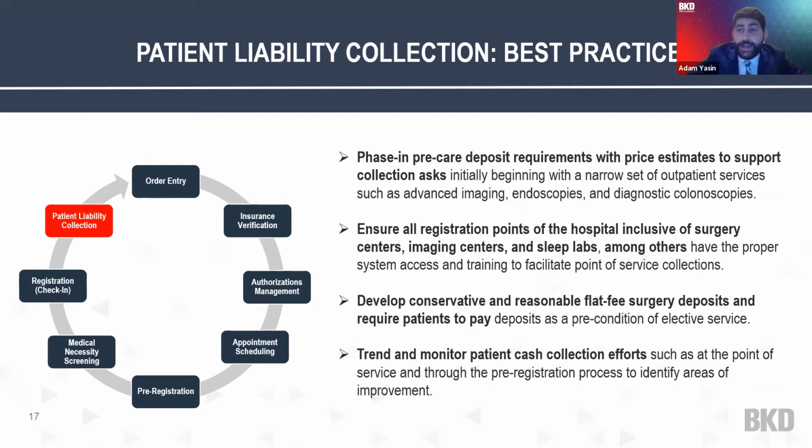Certainly, the numbers rise in terms of liability. We've seen this advent of high deductible health plans, and this is really underscored in the hospital setting where a deductible and coinsurance is triggered for services rendered. And so, beginning with a narrow set, and I say here a narrow set of outpatient services, and assigning a pre-care deposit to those outpatient services is really the best way to go.